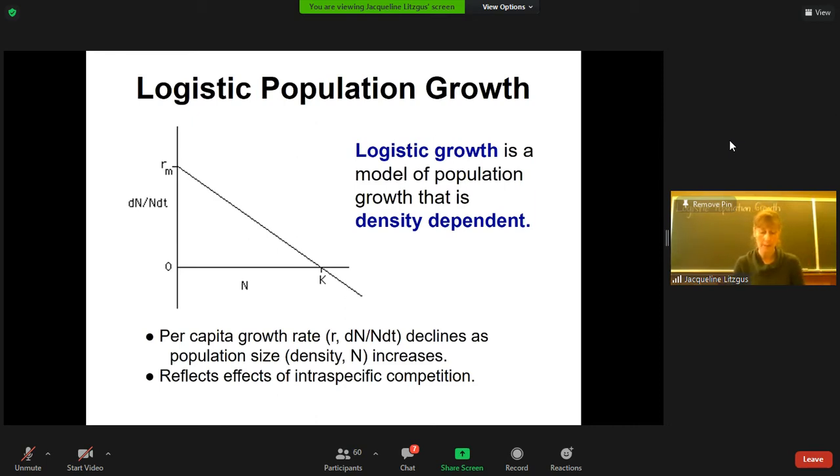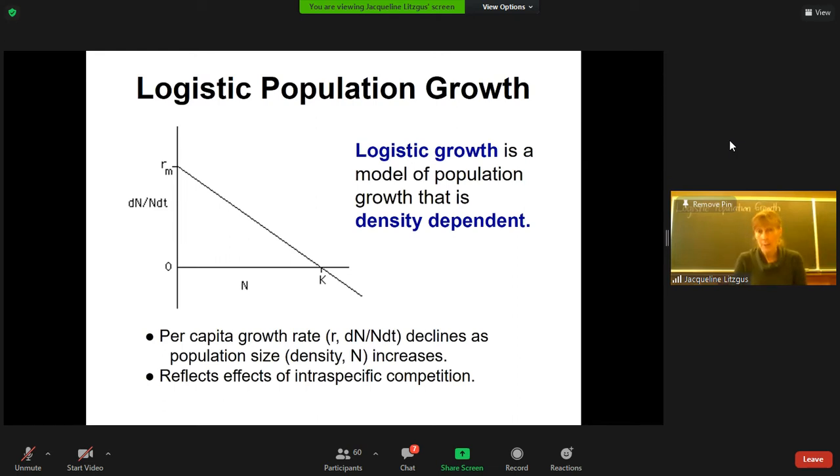And when r is positive, that means the birth rates have to be higher than death rates. Remember that the r value is the difference between b and d, birth rates and death rates. So r is equal to b minus d.